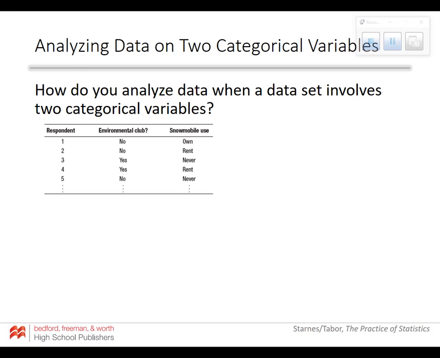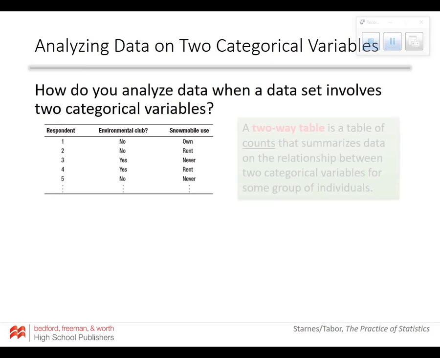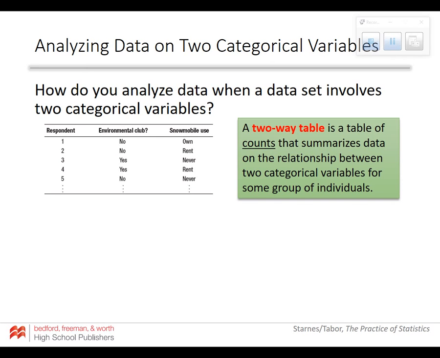Because we want to see whether the environmental club impacts whether or not they would ride a snowmobile, or own one or rent one. So we make a two-way table out of this, and a two-way table is a table of counts that summarizes data on the relationship between two categorical variables for some group of individuals.